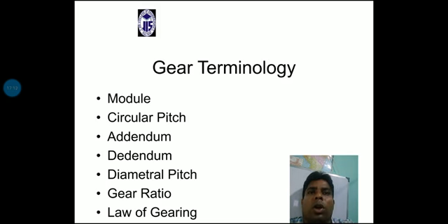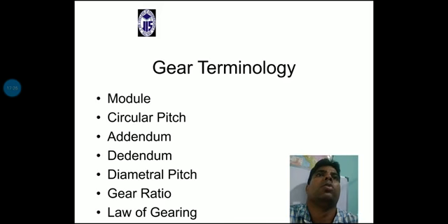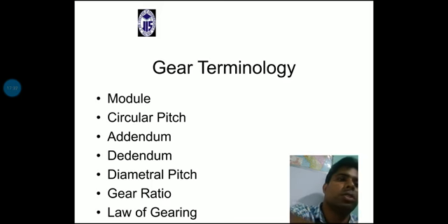Next, law of gearing. Law of gearing means the gearing system gives constant transmission of velocity ratio with the two teeth profiles. When the two teeth are connected, the two gears are connected in the same sequence of the two profiles, in such a manner that the pitch point is passing through the point.